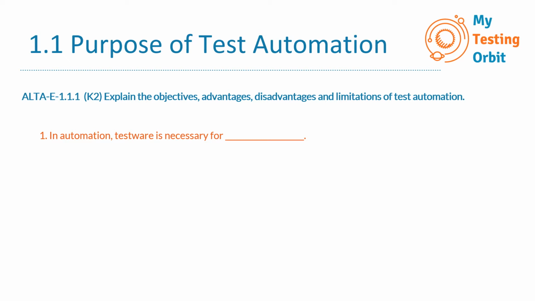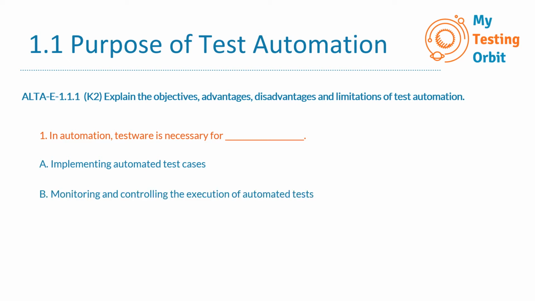In automation, testware is necessary for, and the options are: implementing automated test cases, monitoring and controlling the execution of automated tests, interpreting, reporting, and logging the automated test results, and all of the above. I'm sure by now we are quite clear about what testware is.